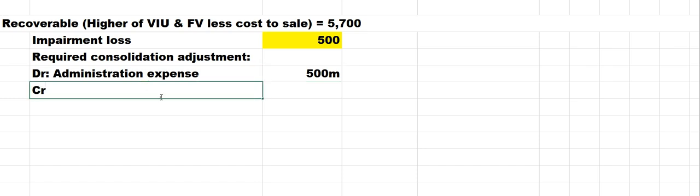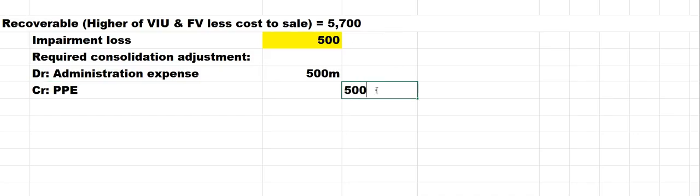Then we also have to credit the PPE of the group. We have to reduce the carrying amount of the PPE by 500M. So that's the adjustment to make when it comes to the impairment note.